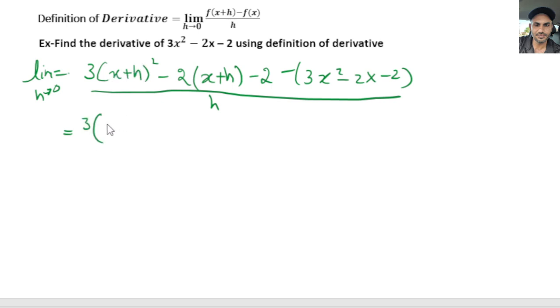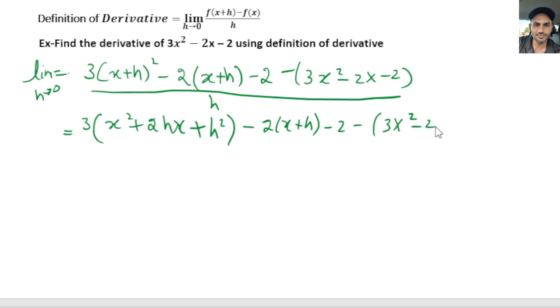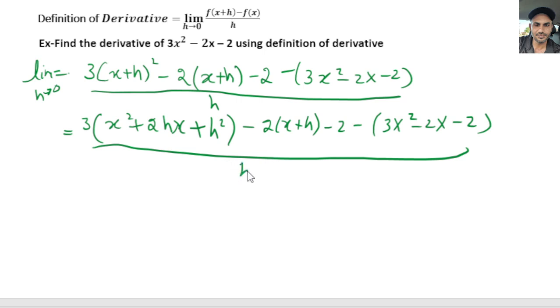So this becomes x squared plus 2hx plus h squared minus 2x plus h minus 2 minus 3x squared minus 2x minus 2, everything divided by h.